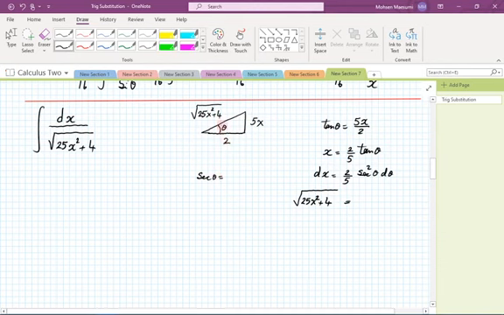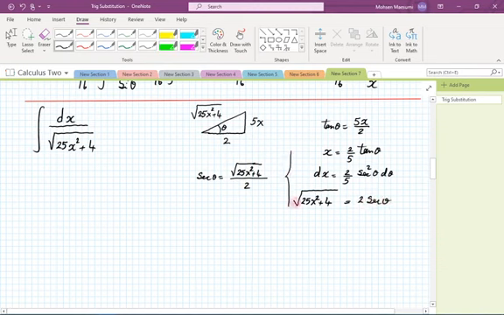Who's secant? Ratio of hypotenuse to the adjacent side. So secant of theta is the square root of 25x squared plus 4, that's the hypotenuse, divided by the side that is 2. So this radical would be 2 times secant theta.